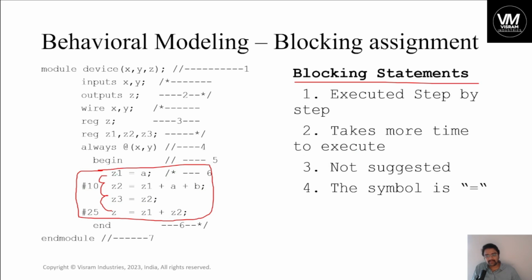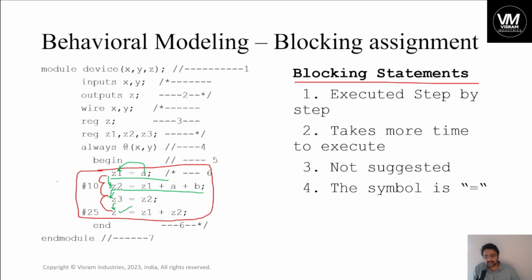So for example, if A will be assigned to Z1, then after it will go to Z2, and after Z2 is done, it will go to Z3, and Z3 will be considered last, after 25 nanoseconds.